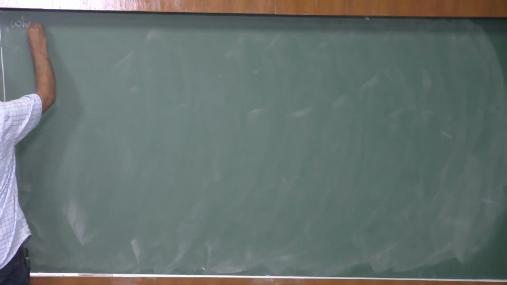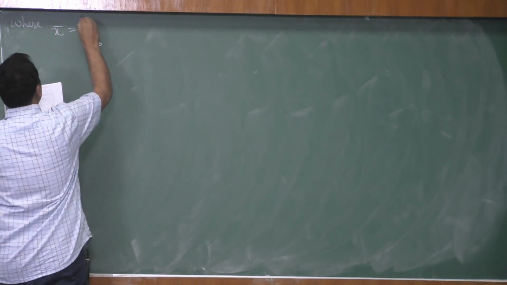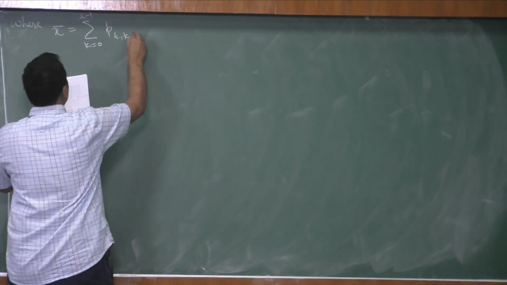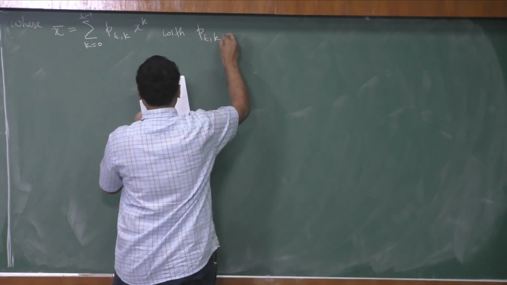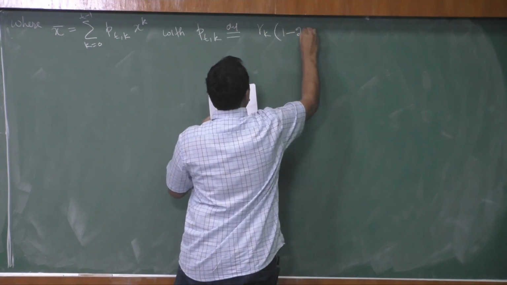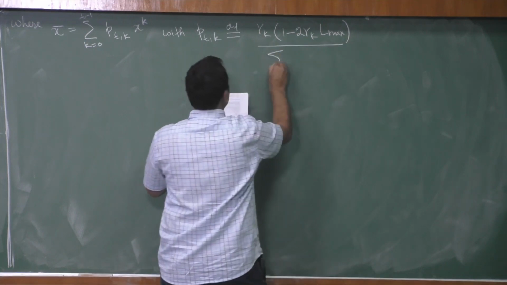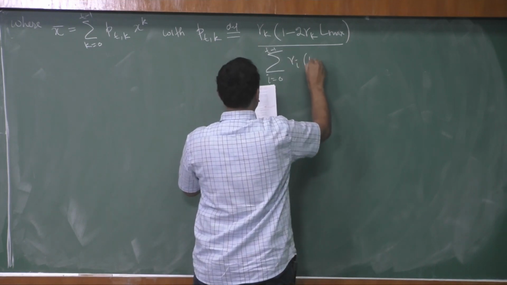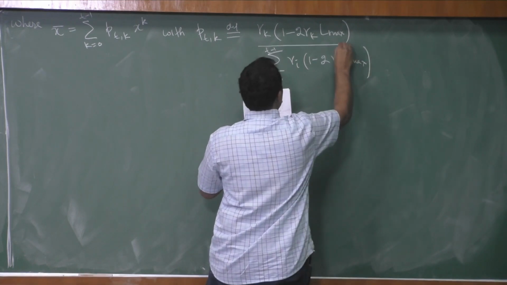Where x bar is the sum over k equals 0 to t minus 1 of p_tk x_k, with p_tk defined to be gamma_k (1 minus 2 gamma_k L_max) divided by the sum over i equals 0 to t minus 1 of gamma_i (1 minus 2 gamma_i L_max).